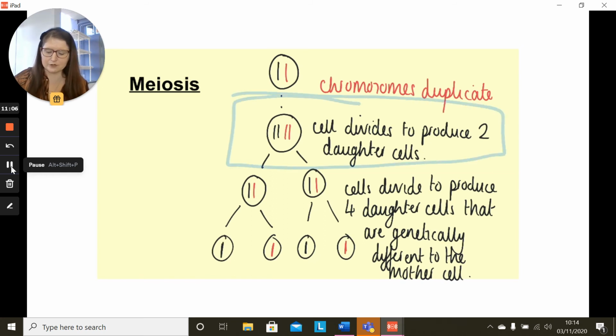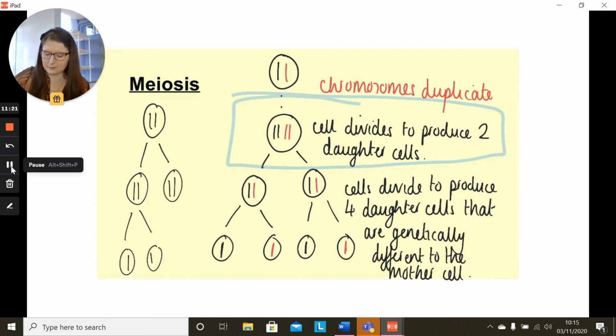They won't show the chromosomes duplicating. So in the exam, they would just draw it as you start with 2. The cell then divides to make the 2, and then it splits, and we have 1. They will skip out the chromosomes duplicating.